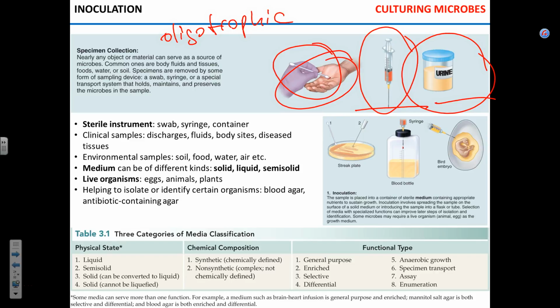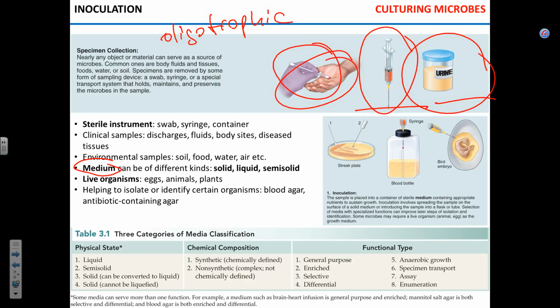So if you want to grow whatever is in your inoculum, whatever's in the syringe, whatever's on the swab, you have to put it on the medium. Medium is anything that can support growth of the microbe.